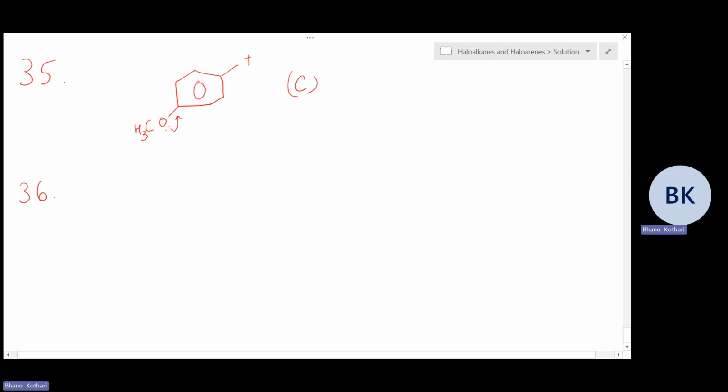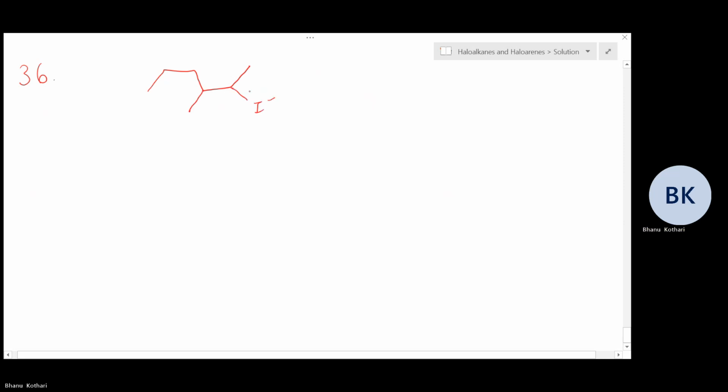Look at the 36th question. Total number of possible alkenes obtained in the following reaction is. There's the reaction taking place, water and heat. So we have to consider E1 elimination, right? First this I minus will depart, and we get a carbocation on this carbon.